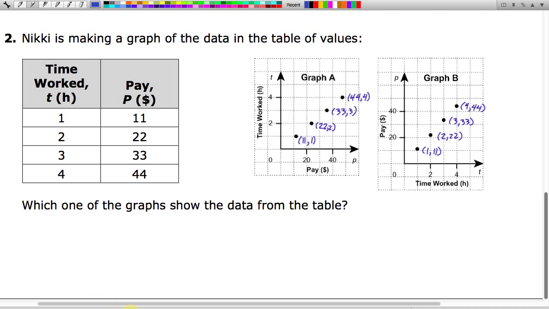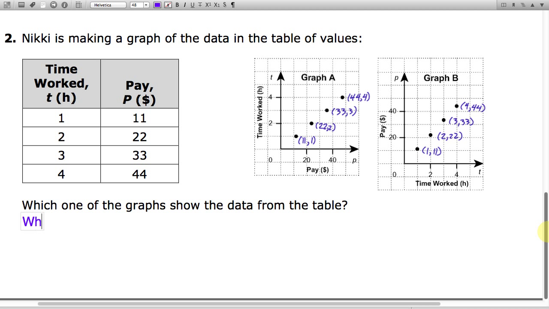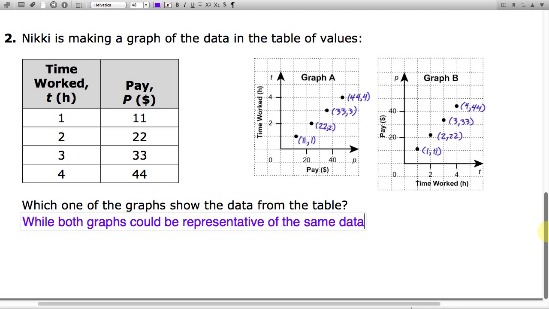So here's what I would say in this particular case. I would say that while both graphs could be representative of the same data, graph B is more conventional.